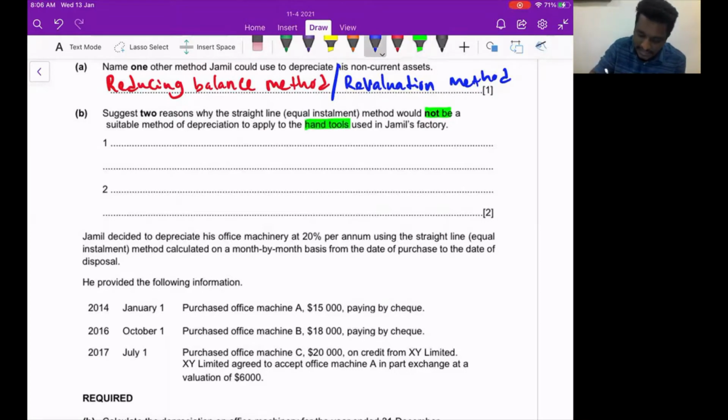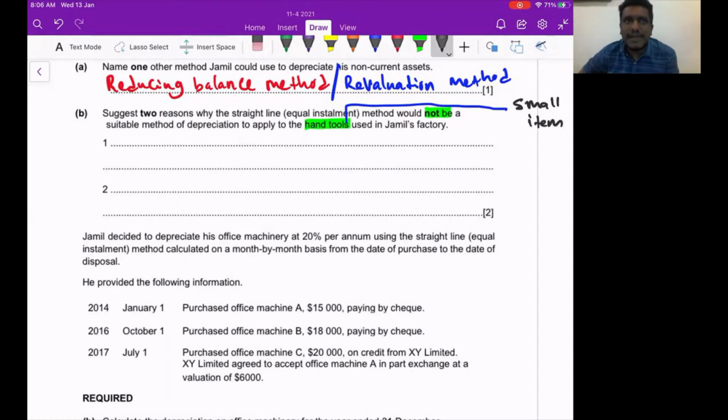First thing is, what is a hand tool? A hand tool is a small item, and it is not normally practical to keep a detailed record. You have many small items in your company, for example nuts. We cannot calculate one by one.